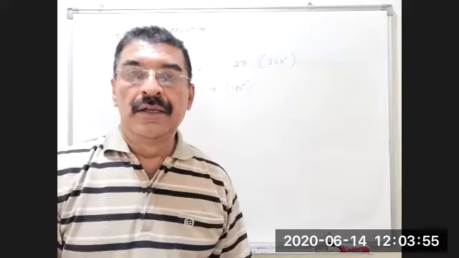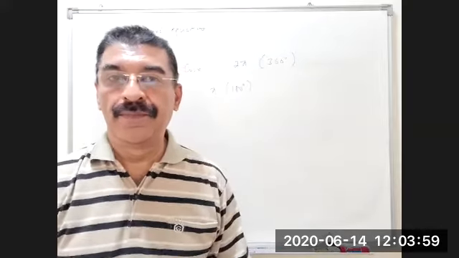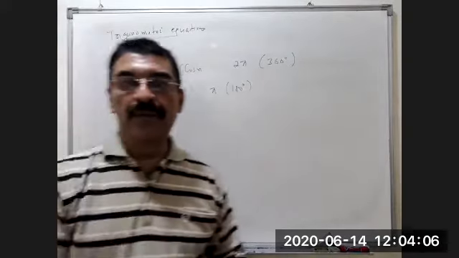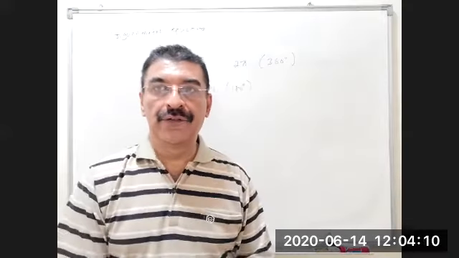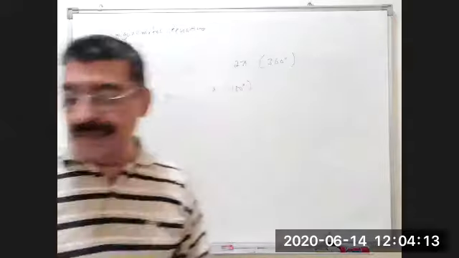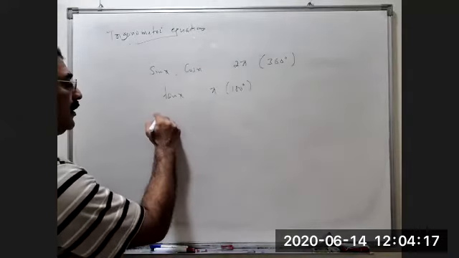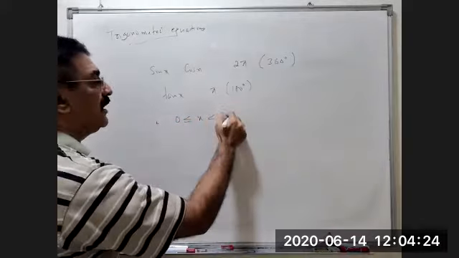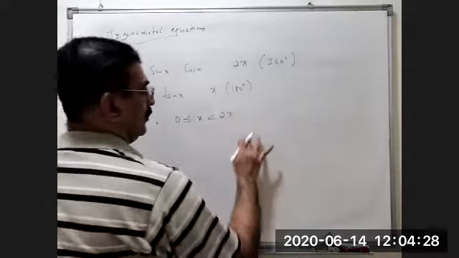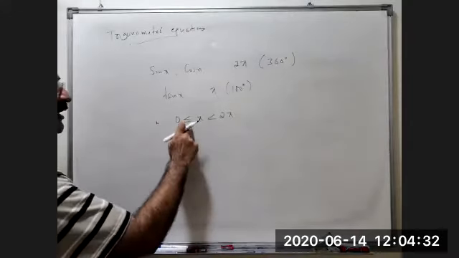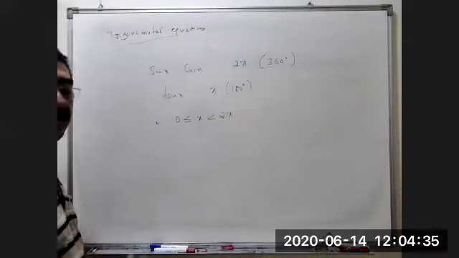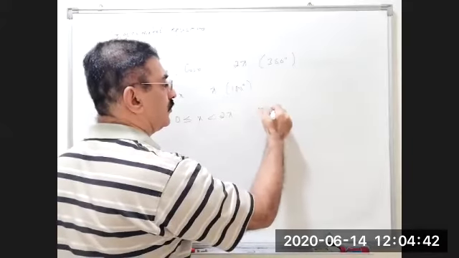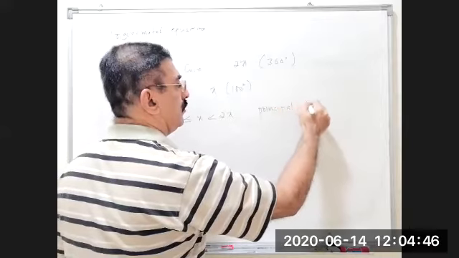Next slide. The first two solutions, that is, 0 less than or equal to x less than 2 pi, are considered principal solutions.